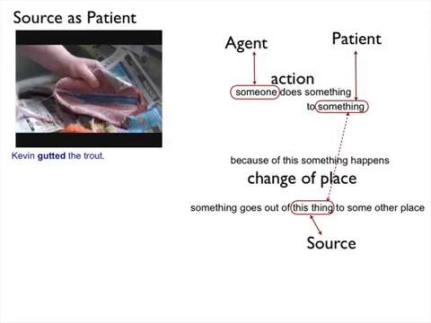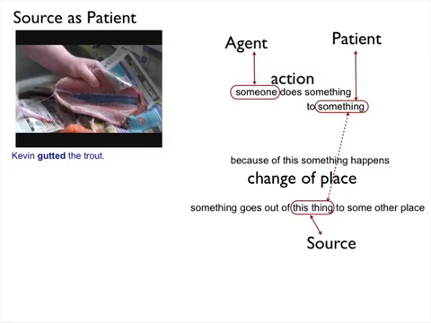So here we have a change of place, but it's a change of place where it's source-oriented, but the source is also what is construed as the patient. So you're doing something to the guts to get the guts out of the trout, but you're mainly conceiving of that as being something you're doing to the trout. You're getting the guts out of it, right? And so the source can be construed as patient.